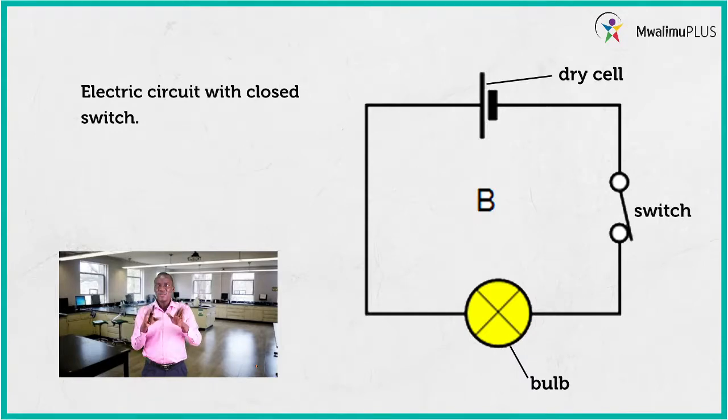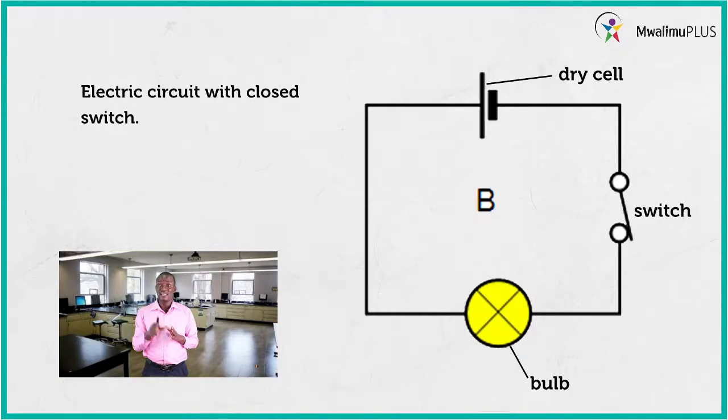When you want to make an electric circuit, we said you're supposed to have a bulb and a source of electricity. In our case, we have a dry cell there. So you can see we have a bulb, we also have a switch, then we have the dry cell there. I hope you are seeing the connection.